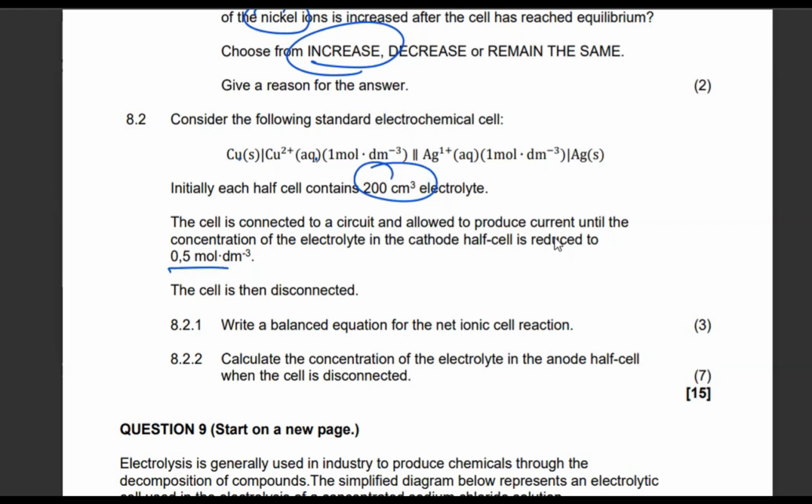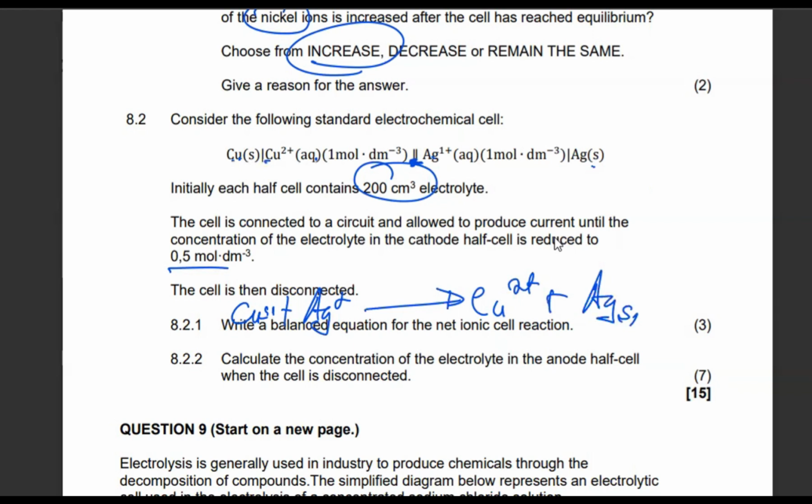Because this is a salt bridge, this plus this gives you this plus that. So it's going to be copper solid plus silver ions gives you copper 2+ ions plus silver solid.